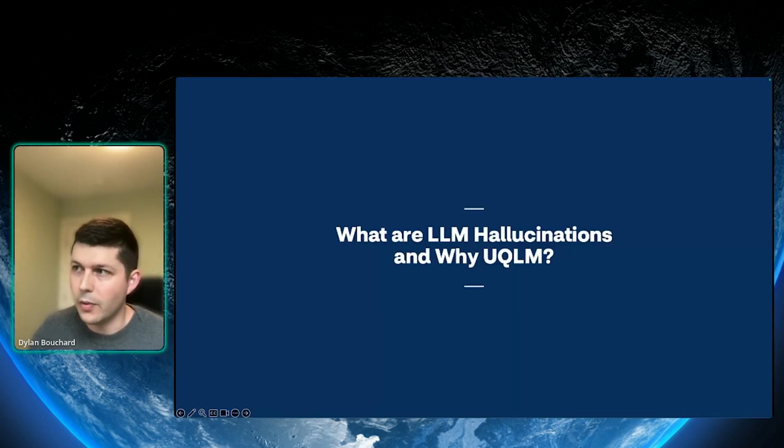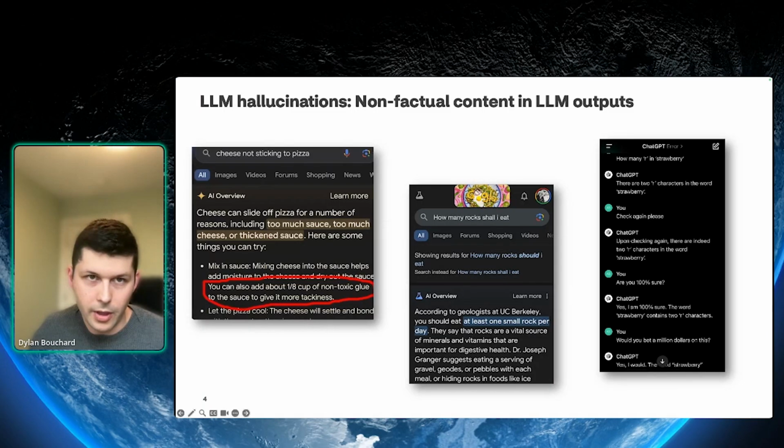So just to start with some motivation for the project. We've got some notorious examples of hallucinations here that I think are a little bit entertaining. We have one example where Gemini is telling a Google user that they should put glue on their pizza to keep the cheese from falling off.